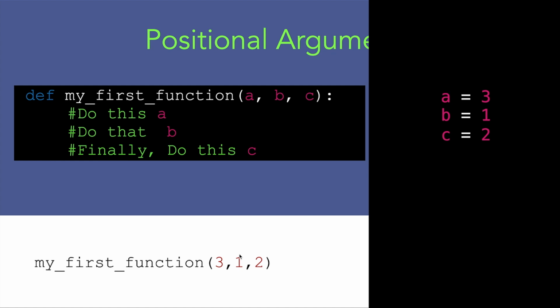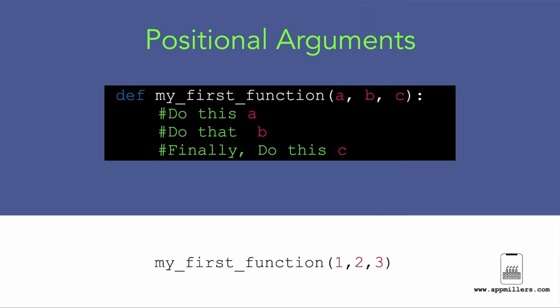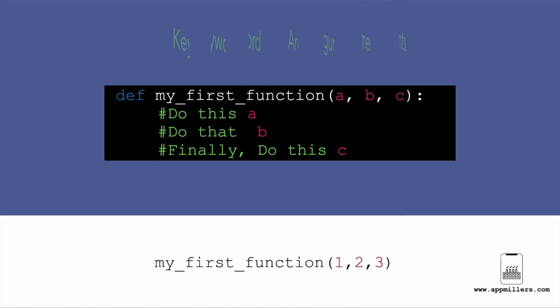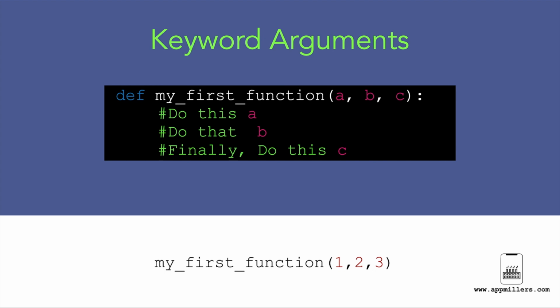Now, if you want to be more clear when you actually call the function and you don't want to encounter this problem, in this case, you can use something called keyword arguments. So instead of just adding the arguments in the function call like this, you can actually add each parameter's name and an equal sign to say that the first parameter is equal to this one, and the second parameter is equal to this one, and the third parameter is equal to this one.